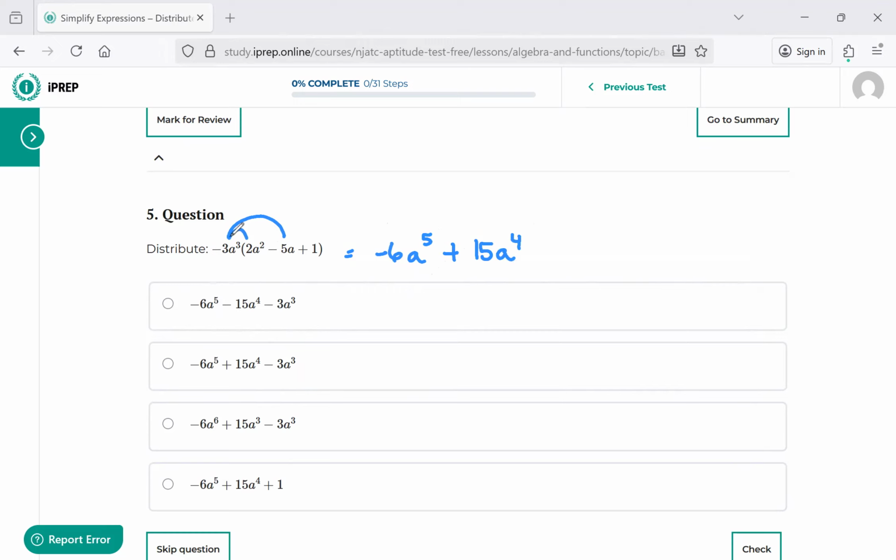And then what is negative 3a cubed times 1? That is negative 3a cubed. Okay, that's my final answer: negative 6a5 plus 15a4 minus 3a cubed. This one.